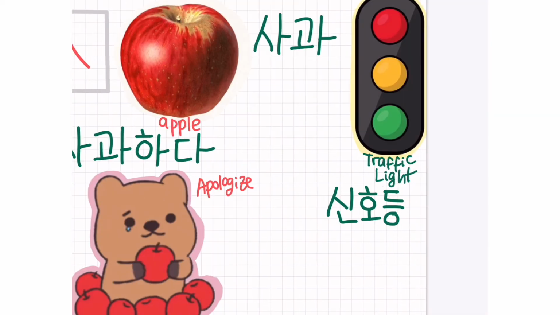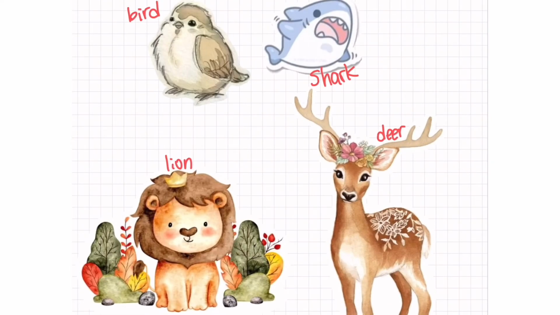It's really nice. Next, we have bird, which is 새, in Korean. Shark is, what is it called again? 상어.